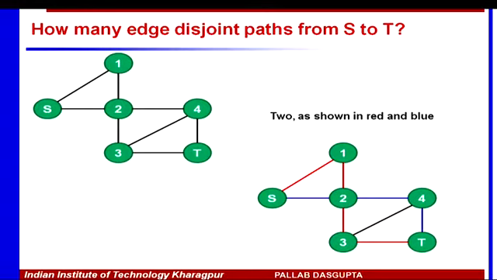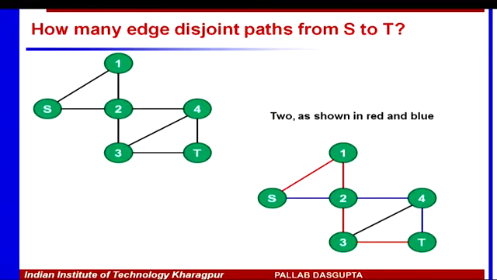Now, the question is why should we be interested in counting the number of paths? So, if you say that I want to send something from S to T, but the path through which I send it is occupied by what I am sending.